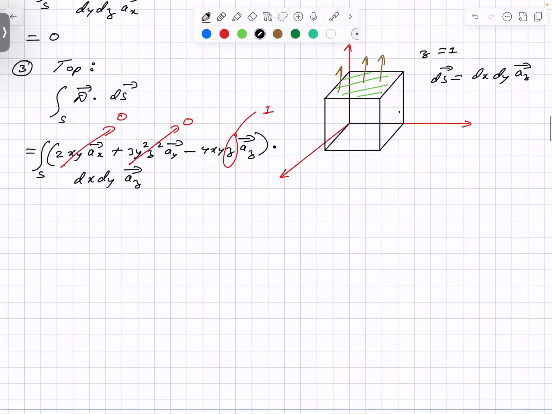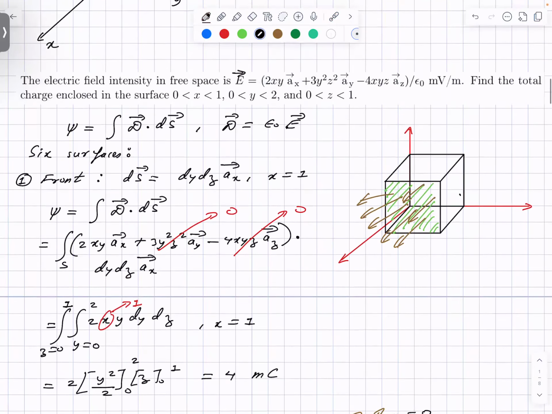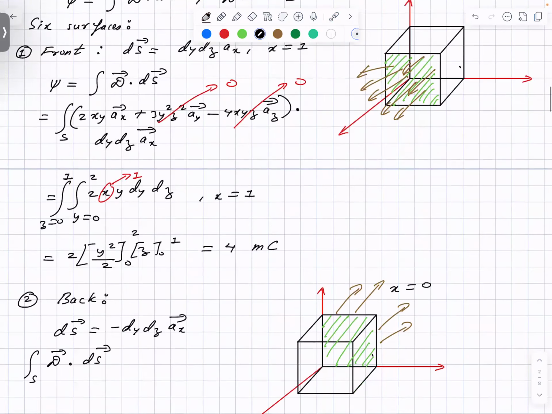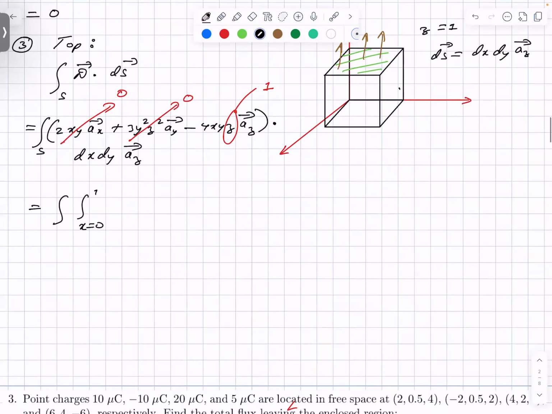And this is also a double integral where x varies from 0 to, I have to check again, 0 to 1. And y varies from 0 to 2. And the remaining term is negative 4xy dx dy.